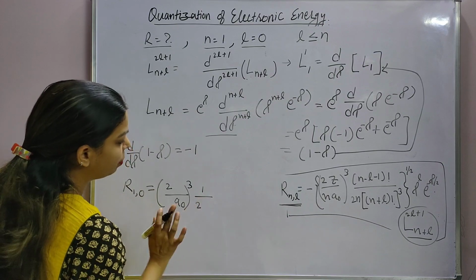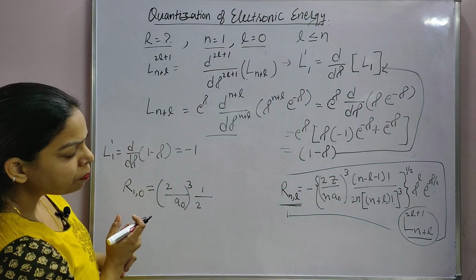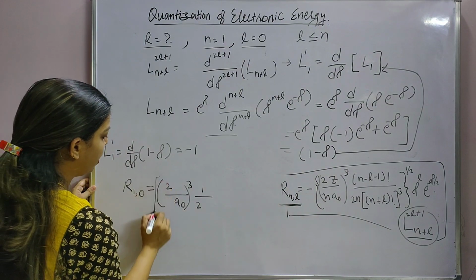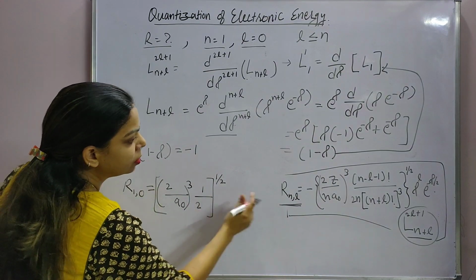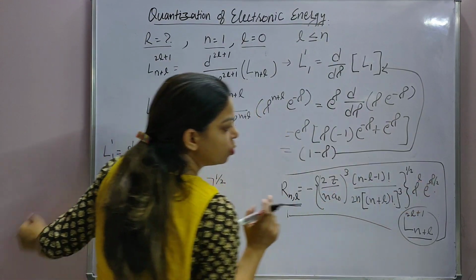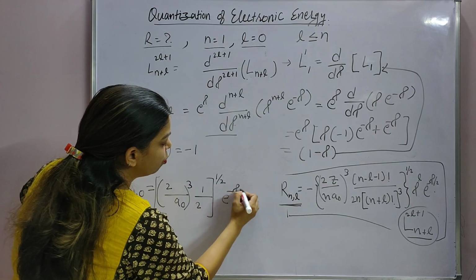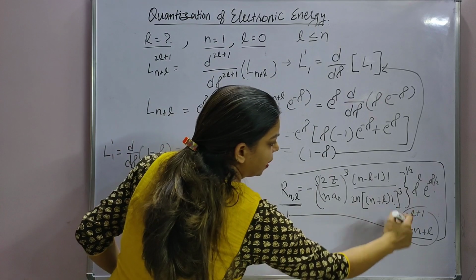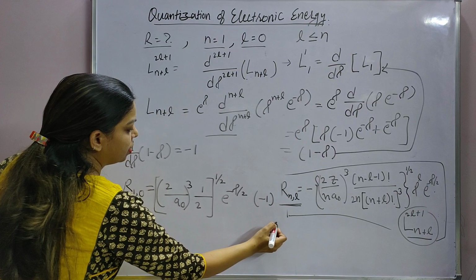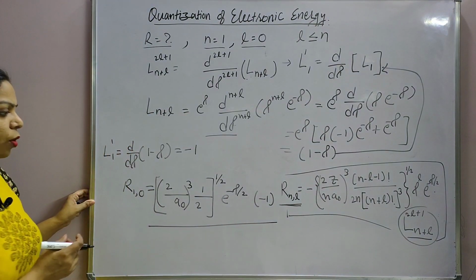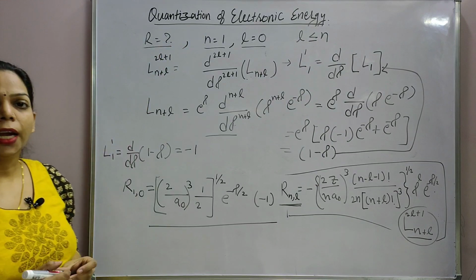This entire term becomes 1 by 2, and we have 1 by 2 over here. Rho raised to power l means rho to the 0, which is 1, and e raised to power minus rho by 2, and this factor has already become minus 1. So this is minus 1. This will be your function R for the specific values of n and l.